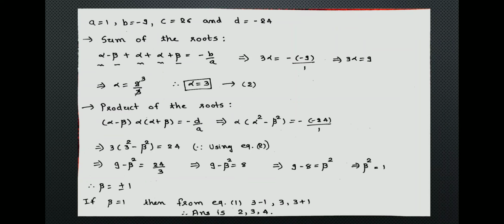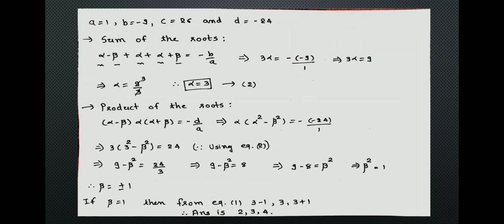Next formula, the product of the roots. So (alpha - beta) alpha (alpha + beta) = -d/a, implies alpha (alpha² - beta²) = 24/1. We have two unknowns, alpha and beta, and we have three equations, so we can choose any two equations.